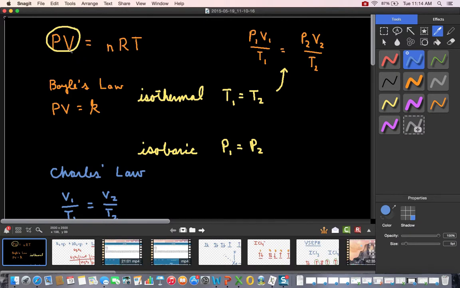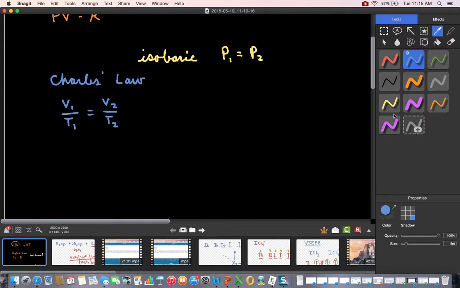Volume is in the numerator on the left-hand side of the equation. Temperature is in the numerator on the right-hand side of the equation. We can also have isochoric conditions. Students typically are not as familiar with isochoric as they are isothermal and isobaric, but isochoric means that V1 equals V2.